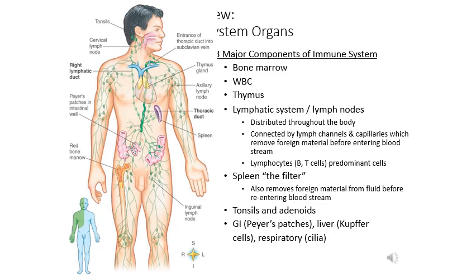So the spleen, while we can live without a spleen if we have to, it is very important because it's a dormitory for those mature B cells, and then also helps with the destruction of the red blood cells and getting rid of those materials.